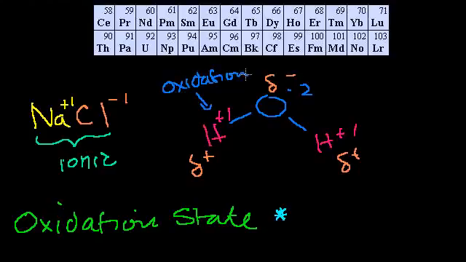Oxidation number. The oxidation number of hydrogen in H2O is +1. So we could write a +1 for each of the hydrogens there, and then the oxidation number for the oxygen is -2.